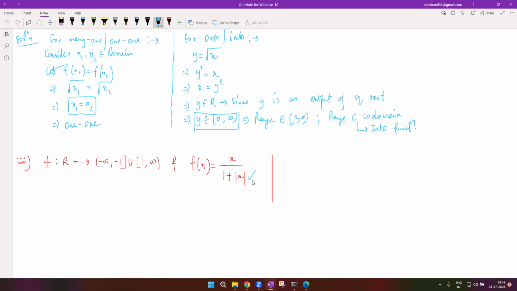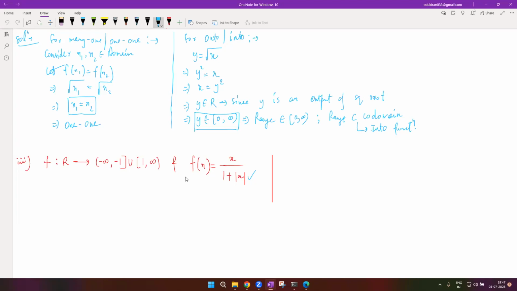Okay, let's start with many one and one-one. Consider two values. To solve this mod x, you can take two cases. You must know how to define mod for this, and we have discussed modulus in 11th class.